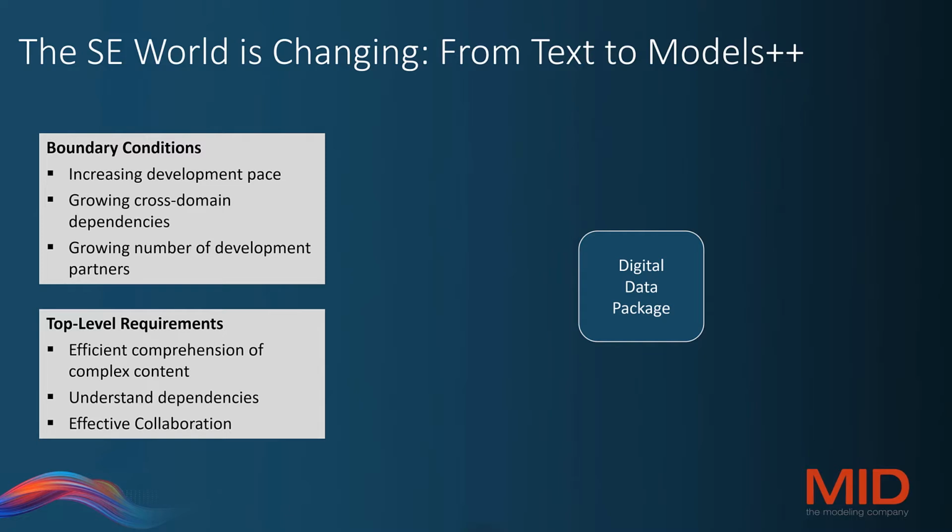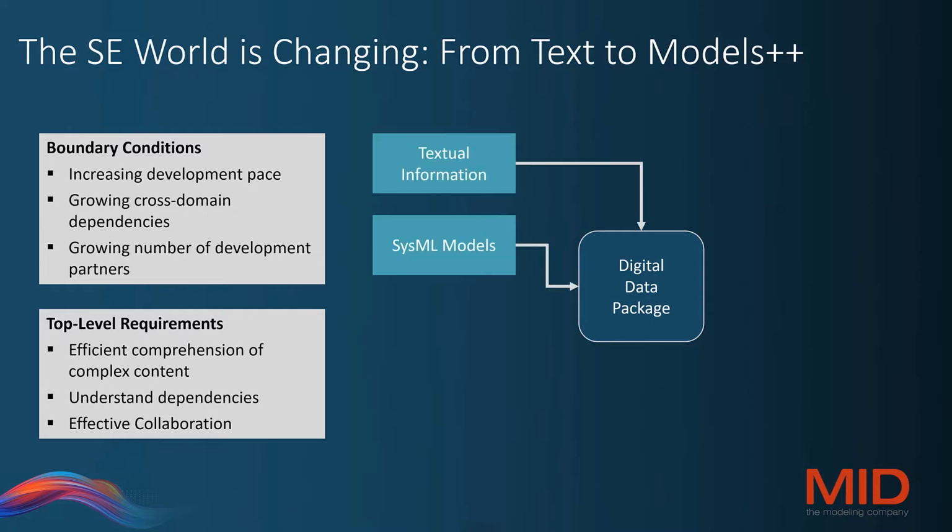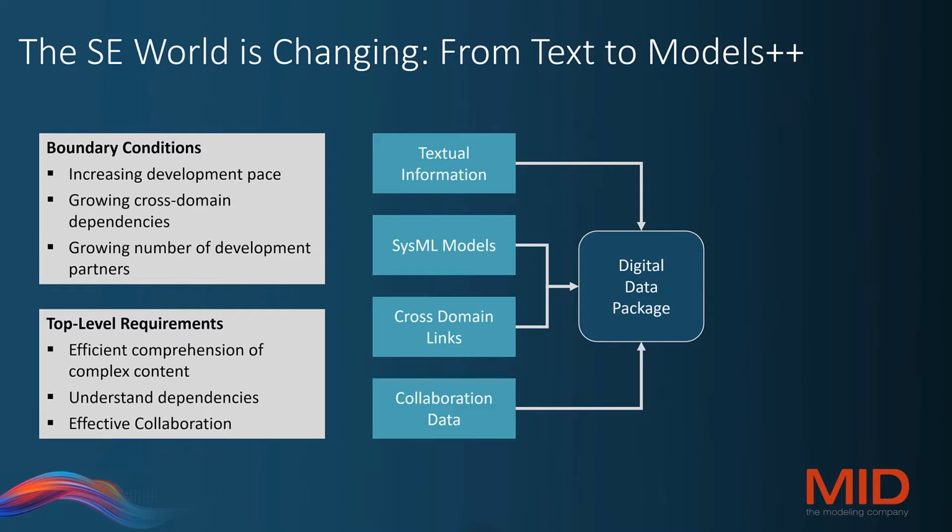And here I mean a package of engineering information that does not only include textual information, but also SysML models, the links between SysML models and text, and of course, the collaboration data such as comments and reviews. In the long run, there will be much more in such a DDP than shown here, but for today, I'd like to concentrate on these aspects.